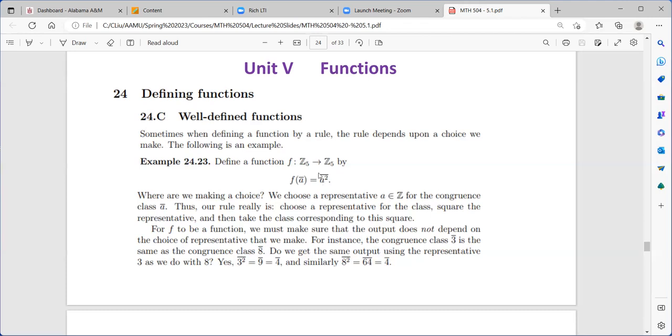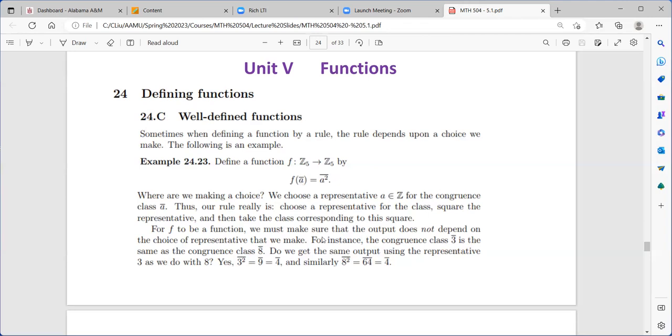And when you try to classify which class each square is in, we should end up with the same class for the function to be well defined. You cannot have different function values, or different classes, corresponding to the same class in the domain. All right.